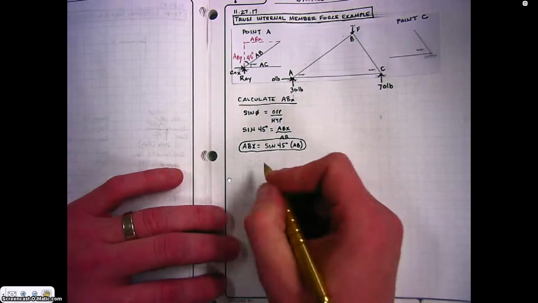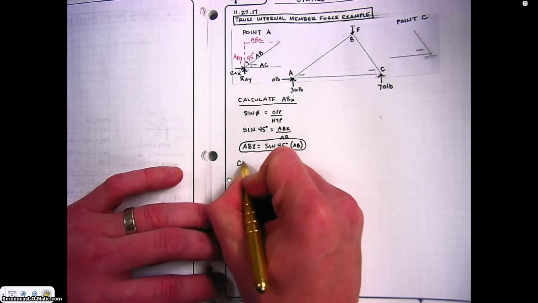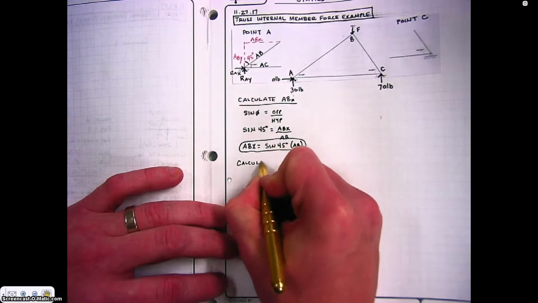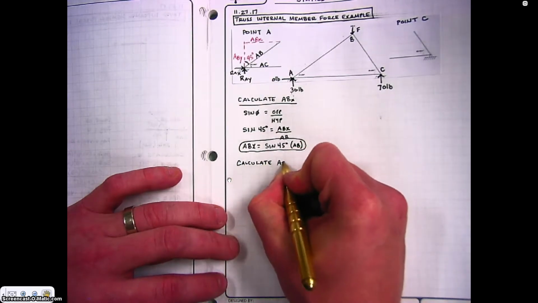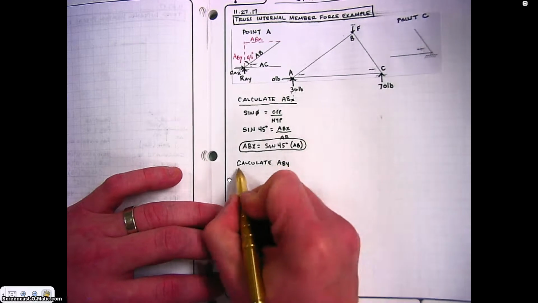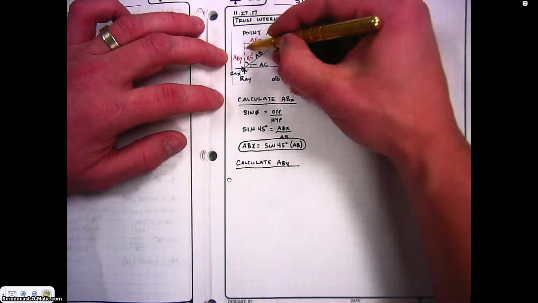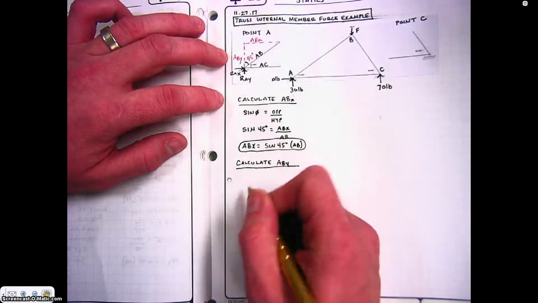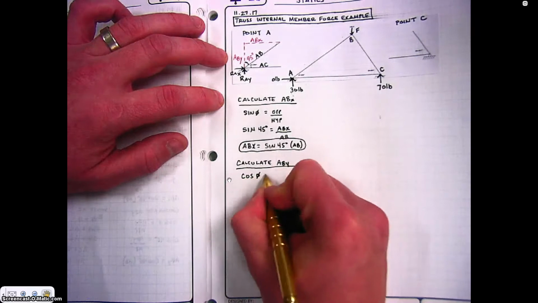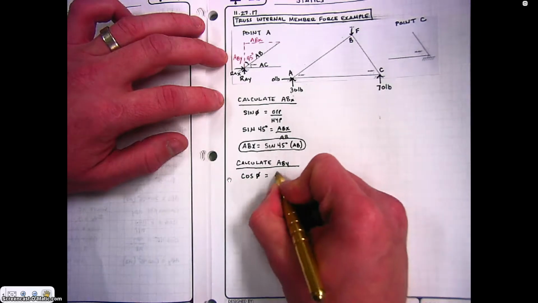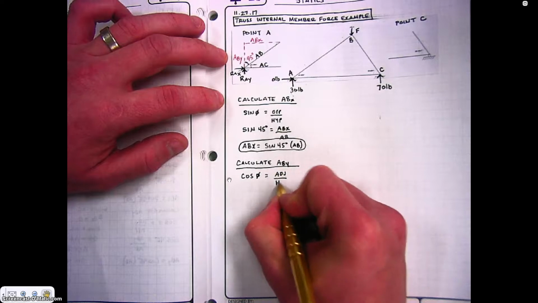The next thing that we'll need to calculate is ABY. Here we're going to calculate member AB in the Y direction. I'll do that in the Y direction here with cosine. So the cosine of theta is equal to the adjacent over the hypotenuse.